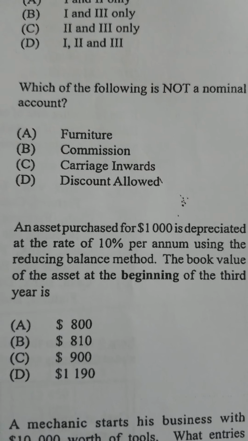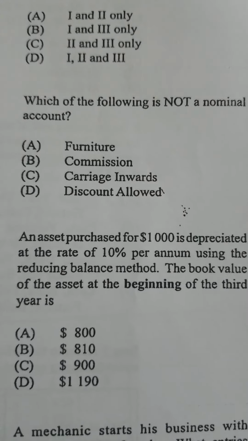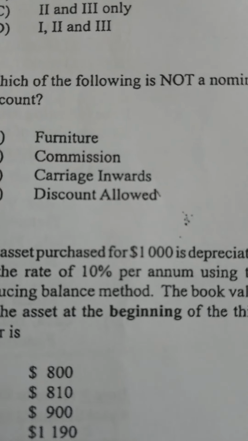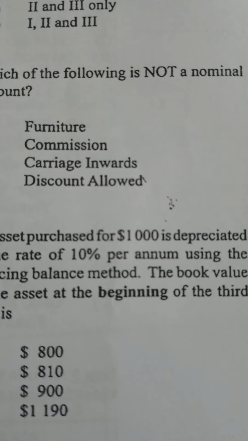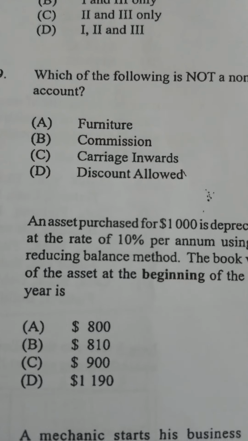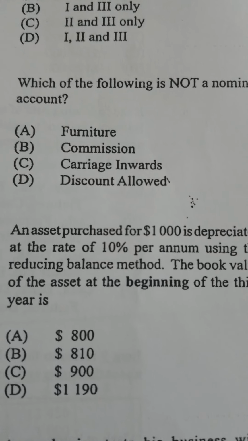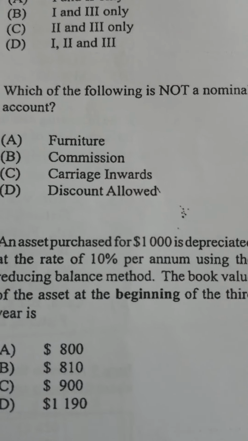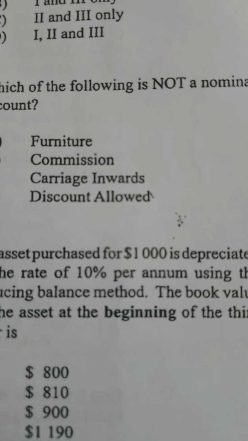A fixed asset purchased for $1,000 is depreciated at the rate of 10% per annum using the reducing balance method. What is the value of the asset at the beginning of the third year? The principle they're testing is how you deal with the reducing balance method.